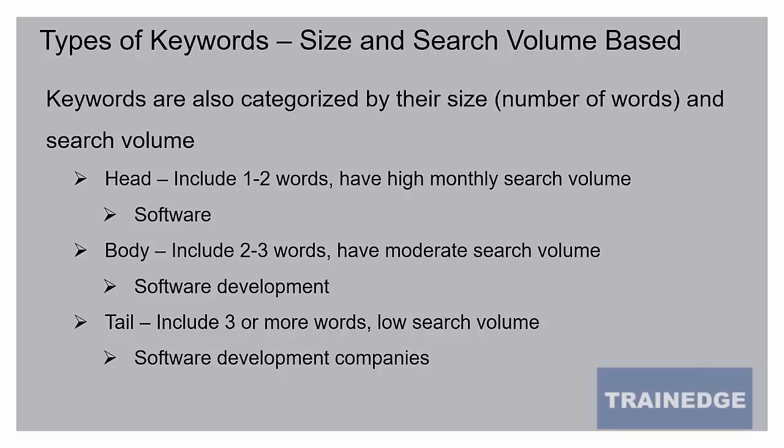It means fewer people searching for it every month. For example, software development companies. There are going to be fewer people searching Google with software development companies compared to people who search with software development, and that is going to be even lower than people who search with the keyword software. So this is another way to categorize keywords.